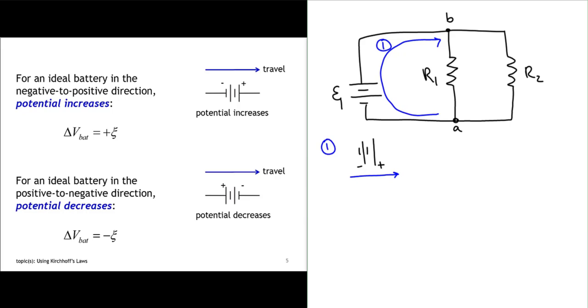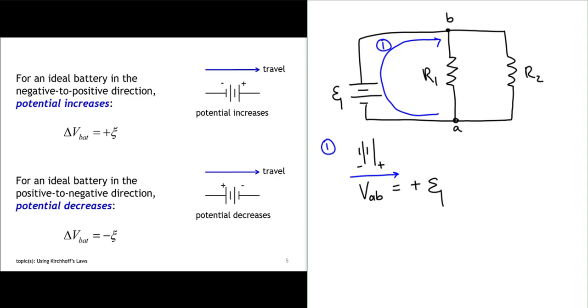When you're going from the negative to the positive terminal of the battery, your potential increases because the battery does work to lift charges up. So we will say the potential difference from A to B is equal to positive the EMF of the battery.